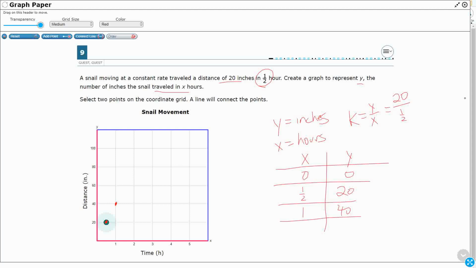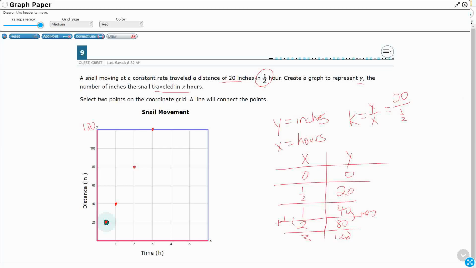And then if I wanted to double each of those again, right, I can do 2, and that's going to be 80, right? So 2, 80 is going to be up here. And then if I wanted to, you see I'm adding 1, and I'm adding 40, so that's going to be 3 and 120. Looks like that's going to be that very top right there, 3 and 120.